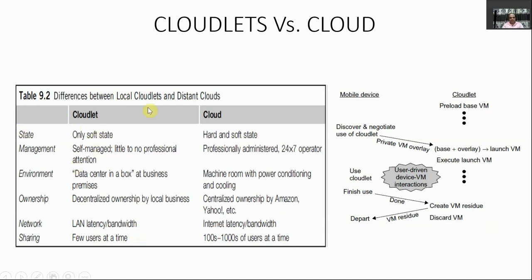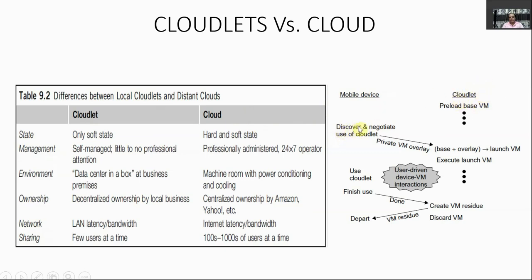So the difference between cloudlet and the cloud is mentioned on a few criteria like environment, state management, ownership, and network sharing, etc. So you can see over here there's a mobile device, there's a cloudlet.